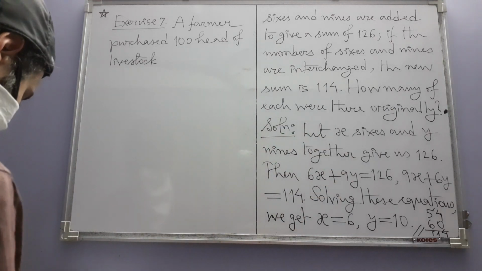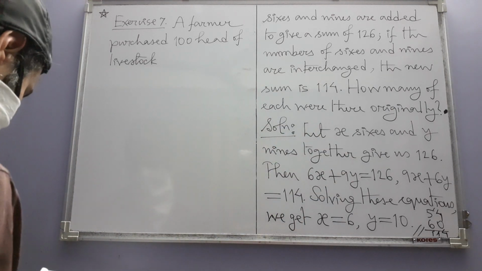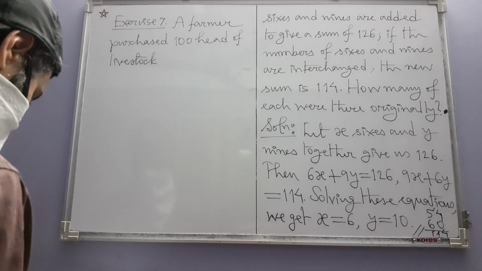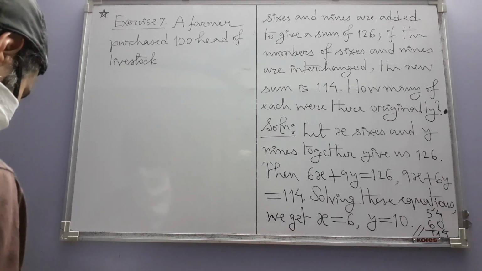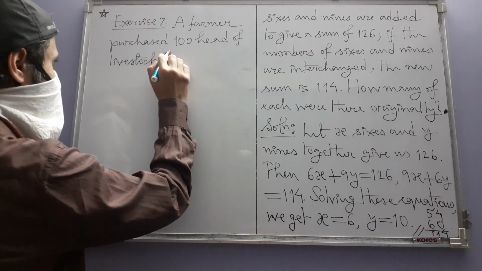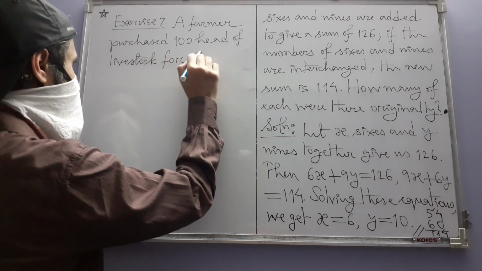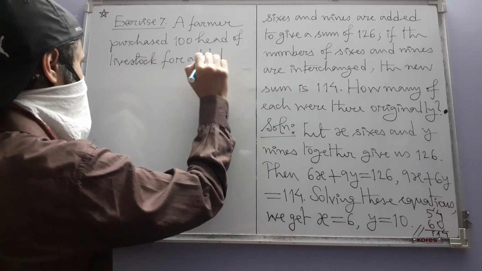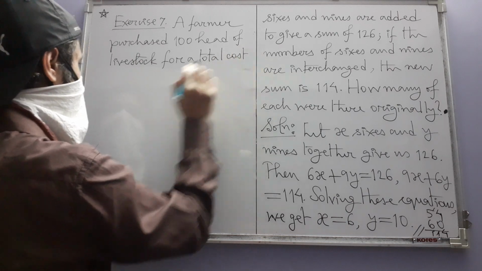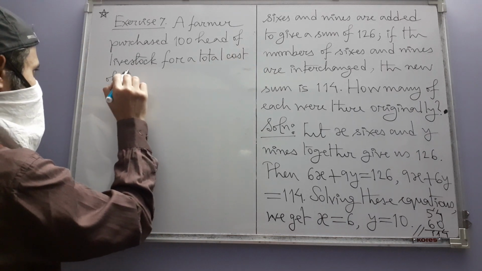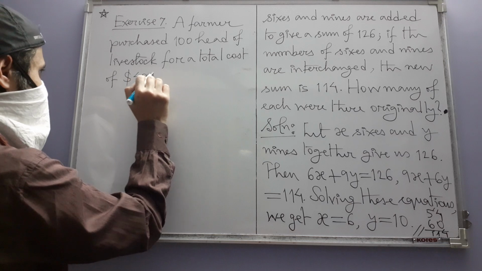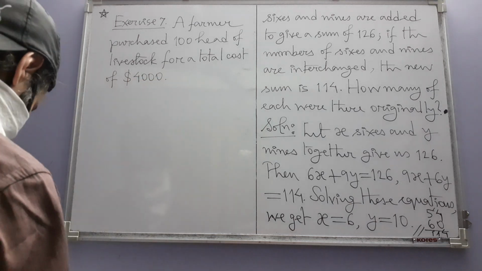Number of livestock animals of some form were purchased for a total cost of $4,000. That's a lot of money.